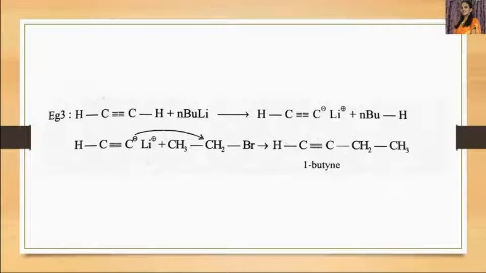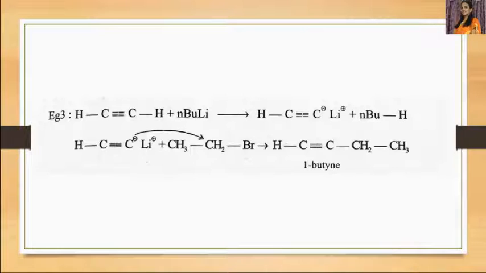Here is another example. We consider acetylene with n-butyl lithium, RLi, where R is n-butyl, that is normal butyl. The alkyl group here is the butyl group. So n-butyl lithium is CH3, CH2, CH2, CH2, Li.